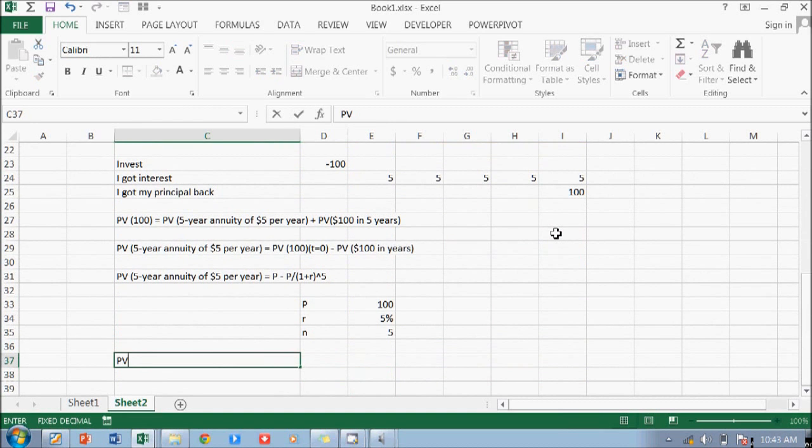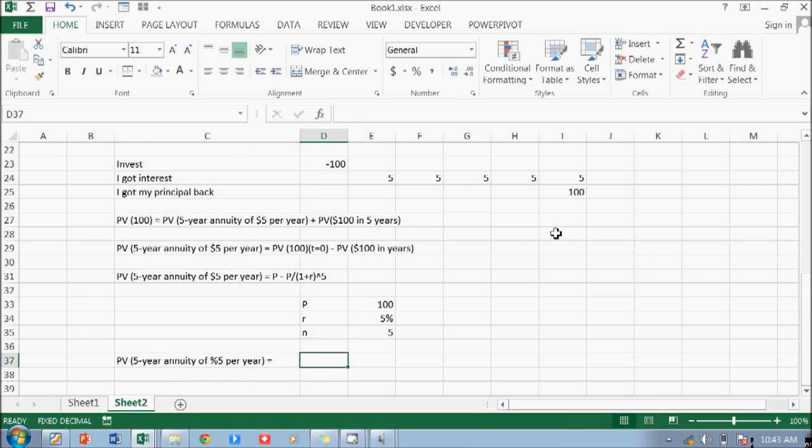Then your PV, 5-year annuity of $5 per year, is equal to your P, first 100. Just put 100 here. Yes, that's correct.